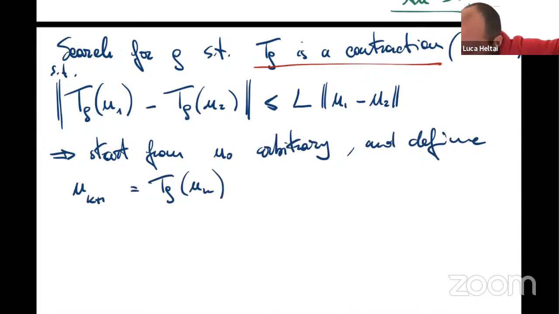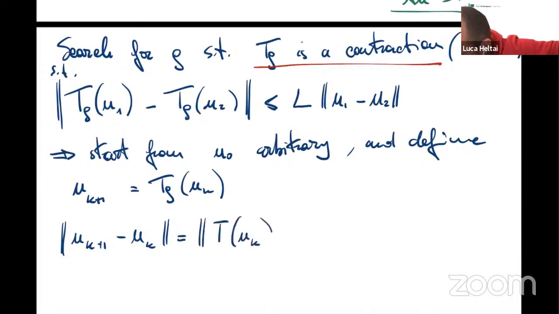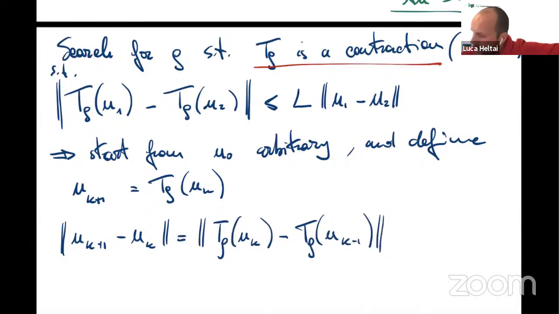Once you have done this, you can say that the norm of u_{k+1} minus u_k is, since u_{k+1} is T rho of u_k, exactly equal to T of u_k minus T of u_{k-1}. And by construction, this is going to be smaller or equal than L times the norm of u_k minus u_{k-1}.